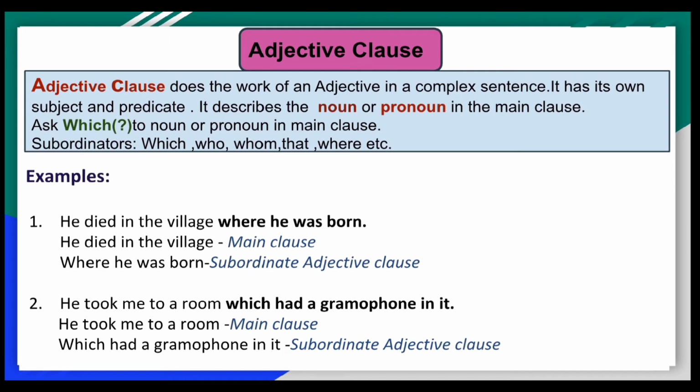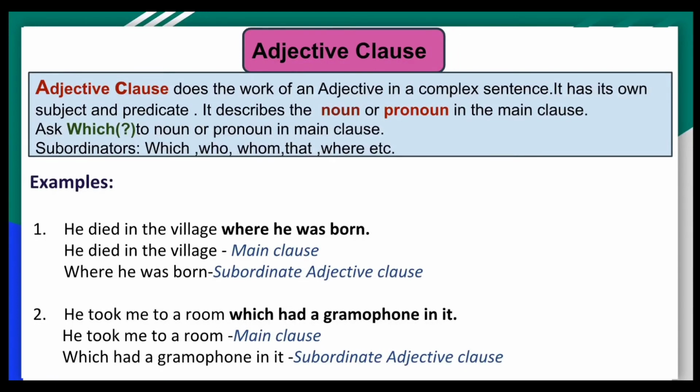In noun clause, we were asking the question by what to the verb. But here we are going to ask the question which to whom, the noun or pronoun in the main clause. In this clause, you can find subordinators like which, who, whom, that, where, etc. He died in the village where he was born.